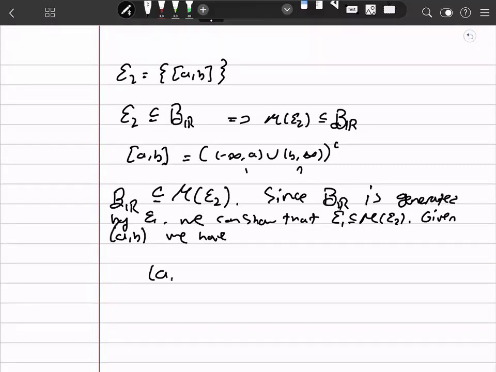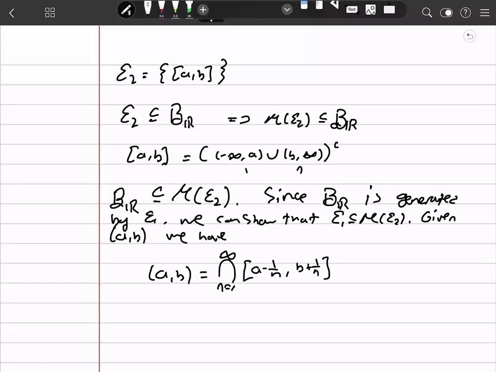We can look at this as the intersection from n equals 1 to infinity of [a minus 1 over n, b plus 1 over n]. So we're converging on AB from the outside.